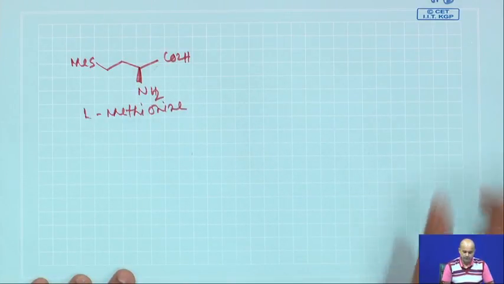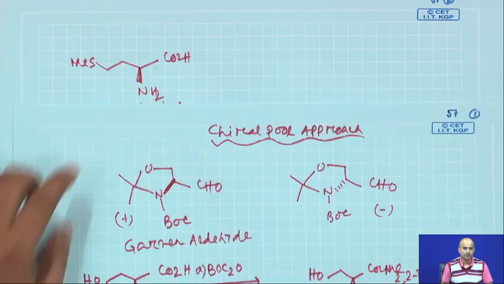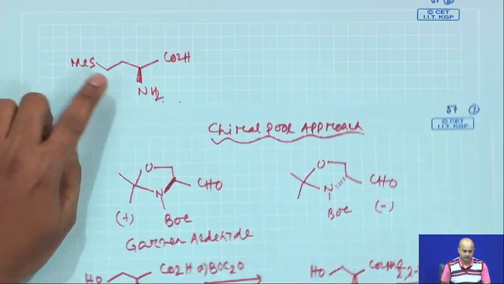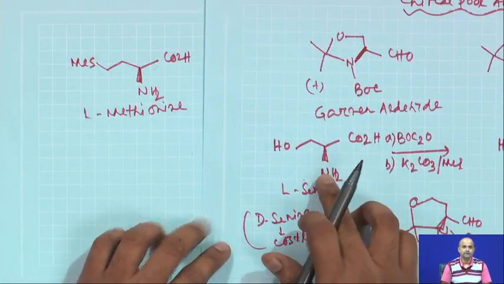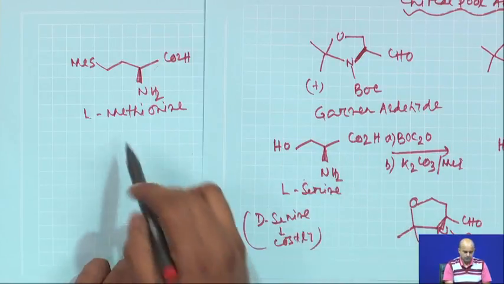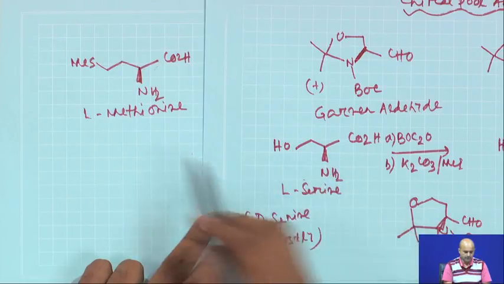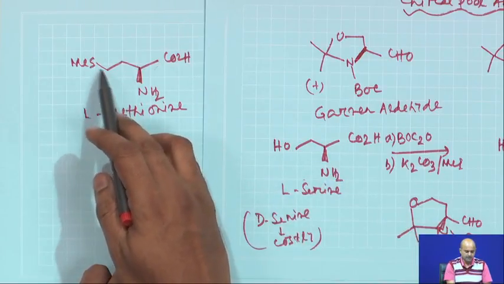Now, L-methionine and L-serine, if you do the structural analysis, this is L-methionine and this is your L-serine. The only difference is that everything is similar, but you have an extra SMe group.